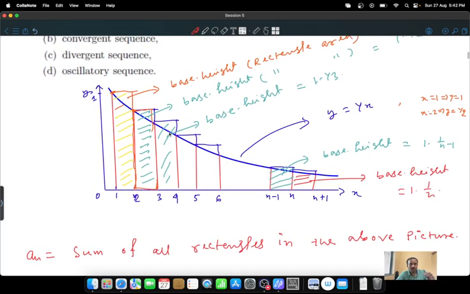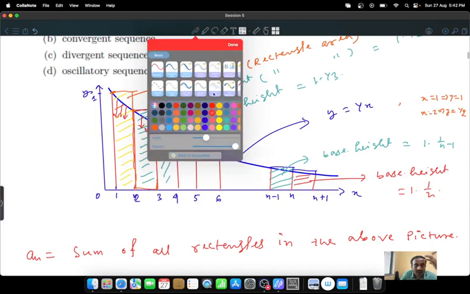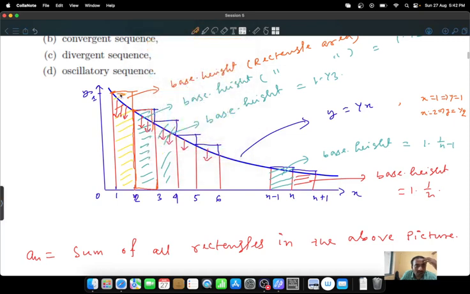So now one thing to be noticed over here is that the rectangles have added some extra areas under the graph. If you naturally look at the area under the graph, that would include only this much. But in each of the cases you have added some extra amount of area to each of these rectangles.